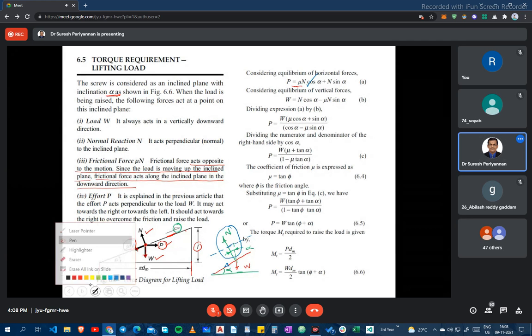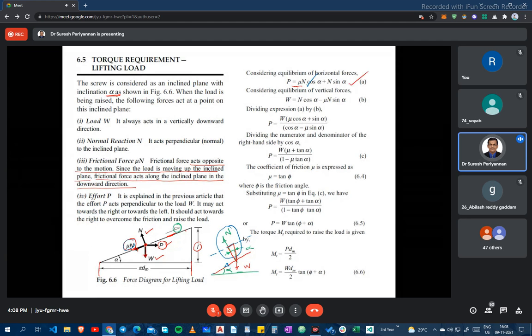It can be evaluated from this right triangle. N is in the upward direction, so N sin alpha. This is the equilibrium of horizontal forces.